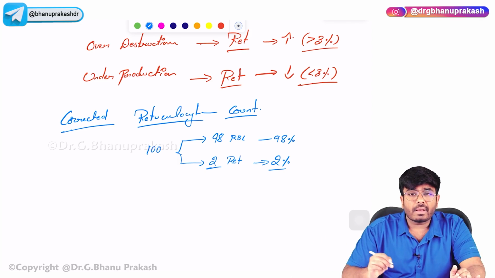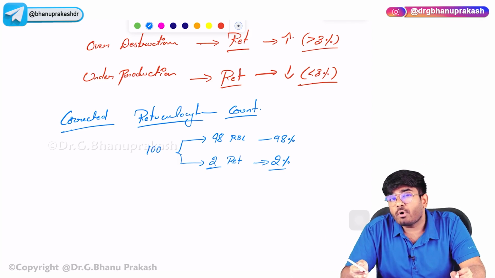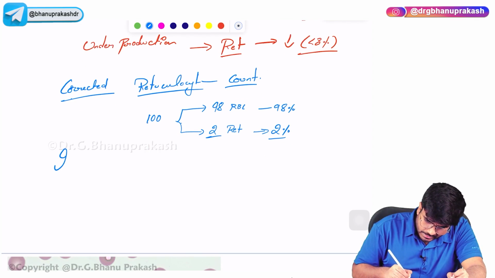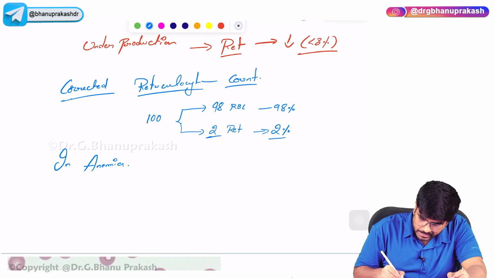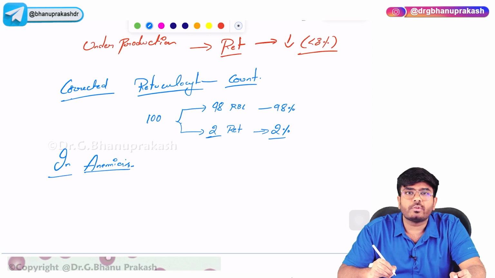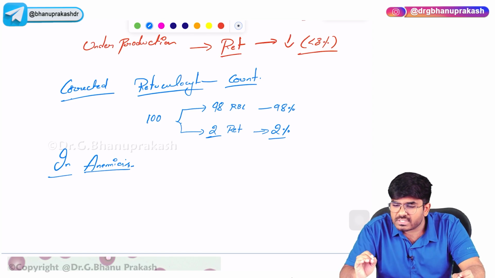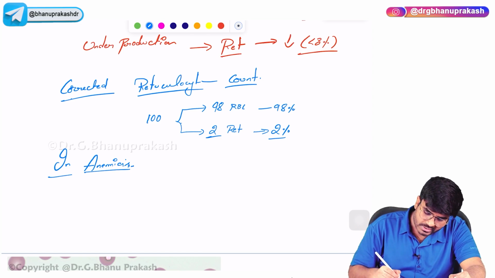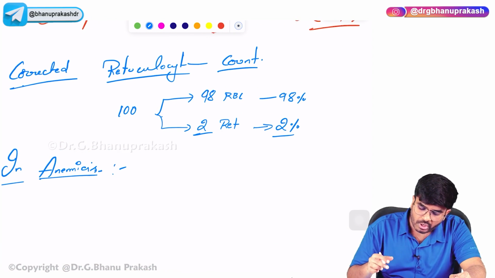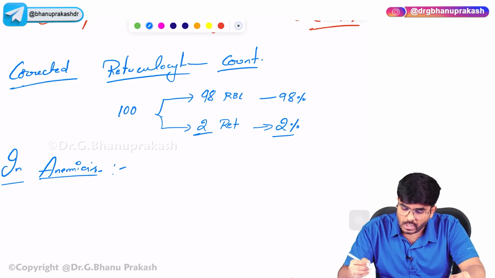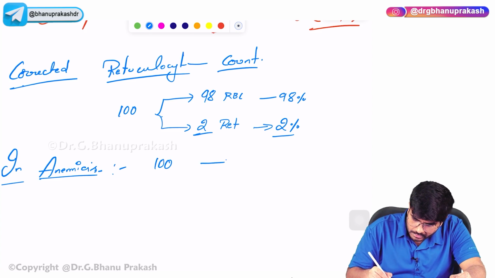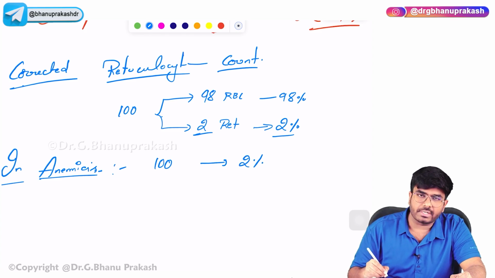Now see what happens in anemic conditions. In anemias, the reticulocyte count is going to be falsely elevated. How? Normally out of 100 cells, 2 are reticulocytes, so 2%.